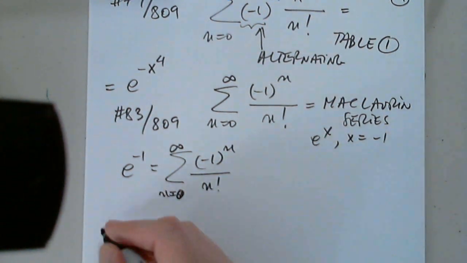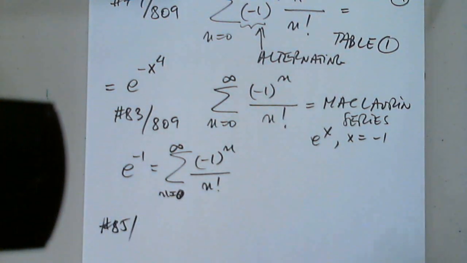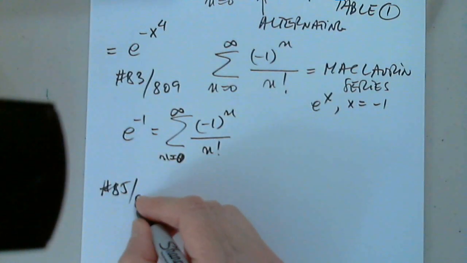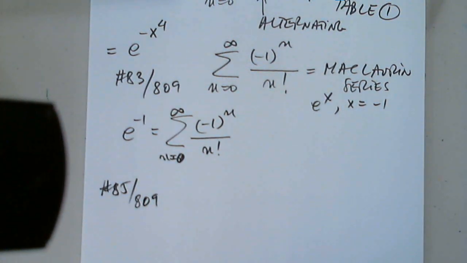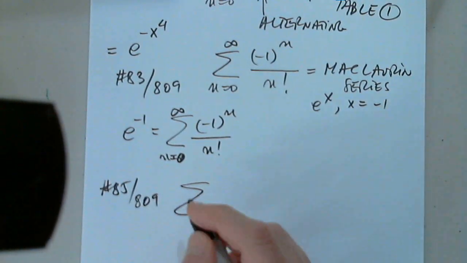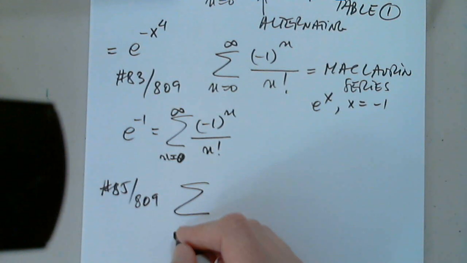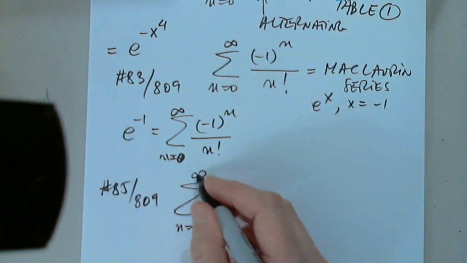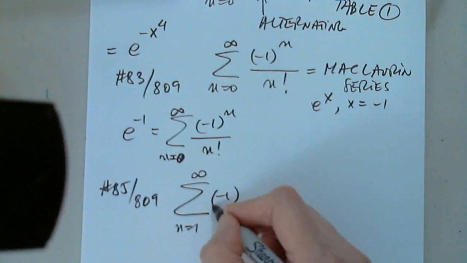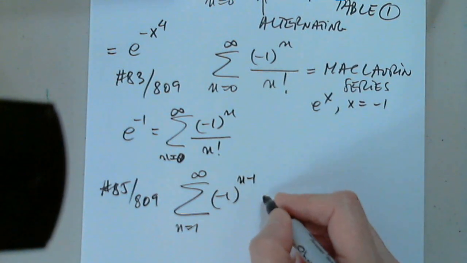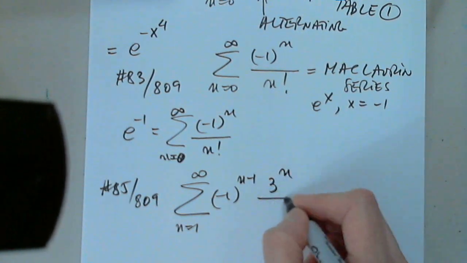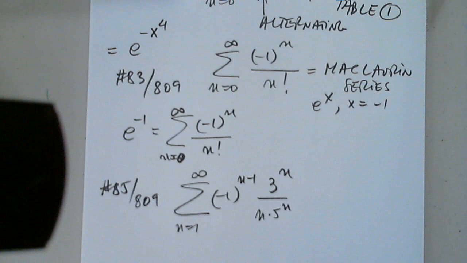Okay, let's look at 85 on the same page, 809. In 85, it's the same question, but they're giving us a different series. So n equals 1 to infinity, of negative 1 to the n minus 1, times 3 to the n over n 5 to the n.